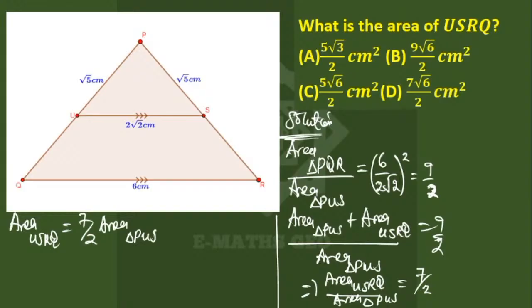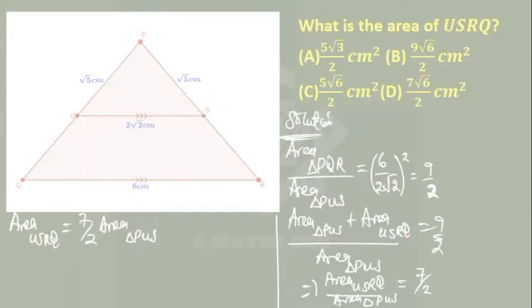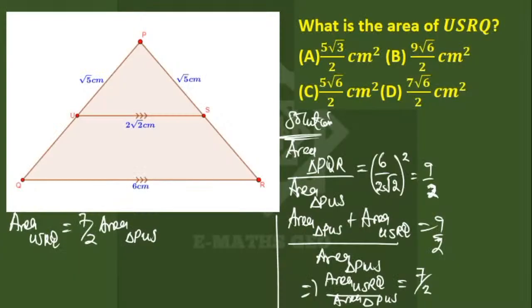So we can bring in the height, because the height is a perpendicular bisector. So this could be partitioned as root 2 and also root 2. So if here is root 2, here is root 5, here should be root 3 by the Pythagorean theorem.